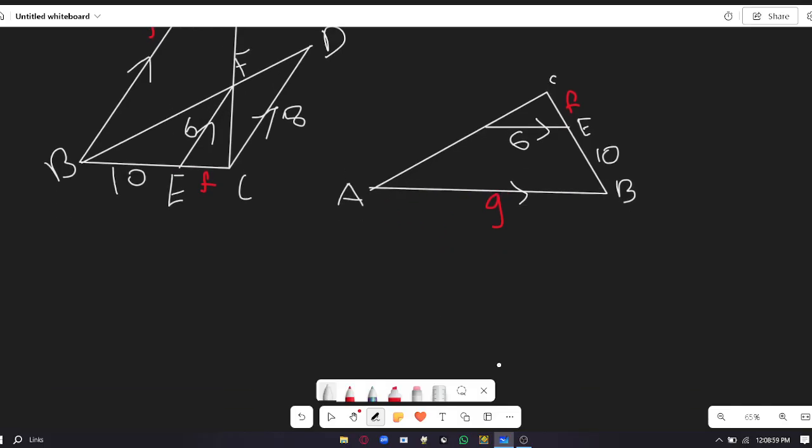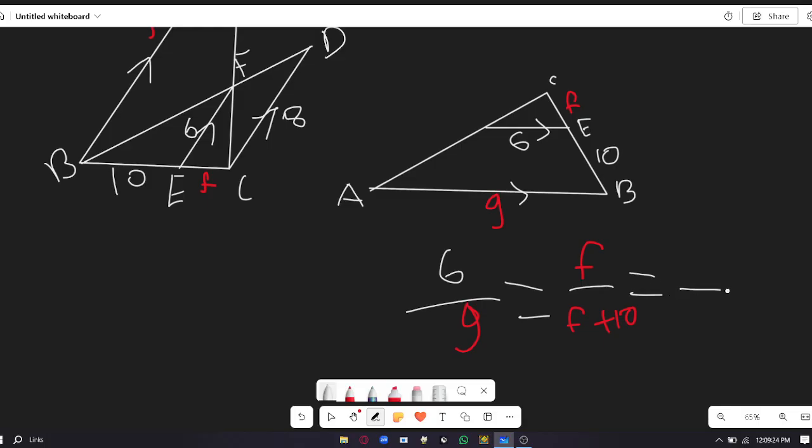Let's just try, right? These two triangles. So let's take the small divided by the large. Right, this angle, small divided by the large. Is there any other you're left with?